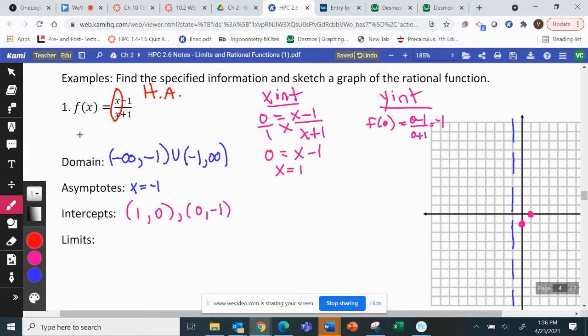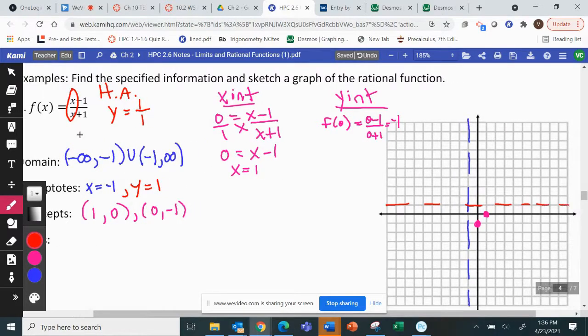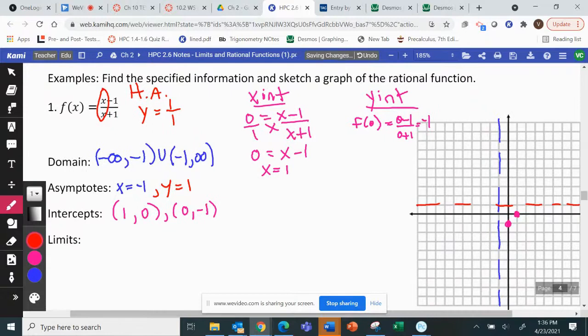Then my horizontal asymptote is just y equals the leading coefficient on the top and the bottom. So y equals 1 should be my horizontal asymptote. Now we're going to justify that with limits, and then we'll also find the behavior at the vertical asymptote with limits.